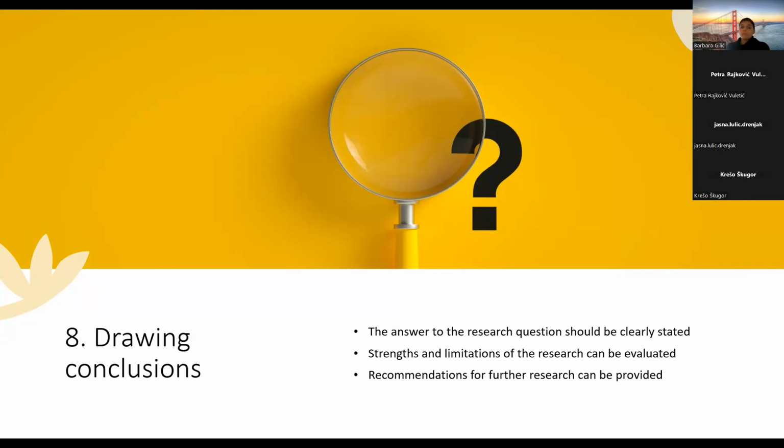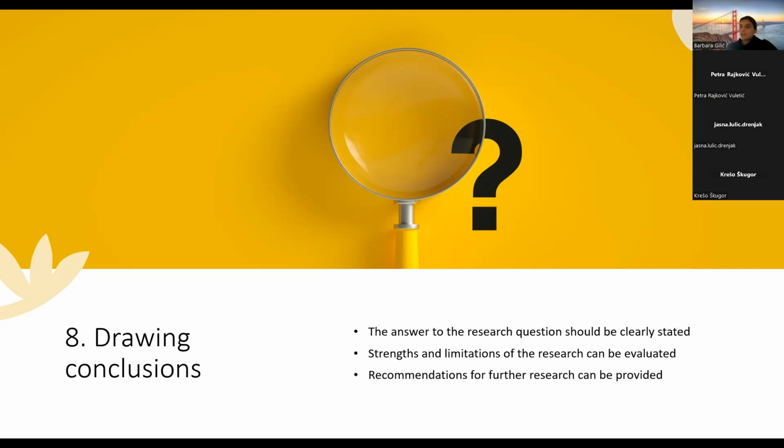Also, you have to state the strengths and limitations of the research which you evaluated. As Professor Sekulic already mentioned, this isn't just finding what you didn't do right. This is giving direction for future studies: what can additionally be done, and which areas can also be covered with your future research.